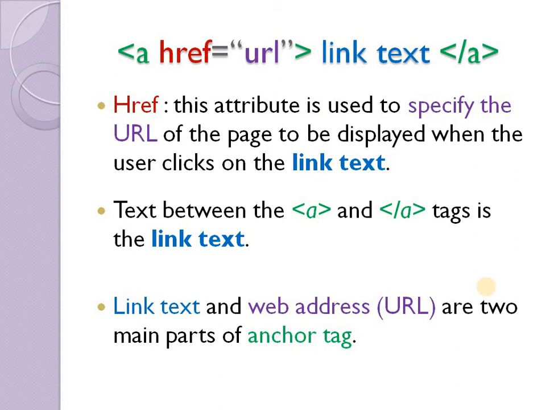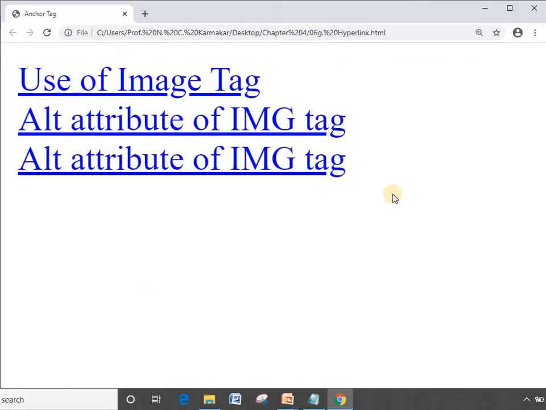Link text and web address are the two main important parts of the anchor tag. Let's see the examples. This is the way we can create links with the help of the anchor tag. Before clicking on any link, I wish to discuss the next slide because both are interlinked. So just wait, we are coming to that slide.